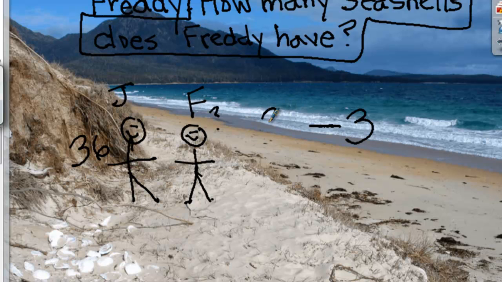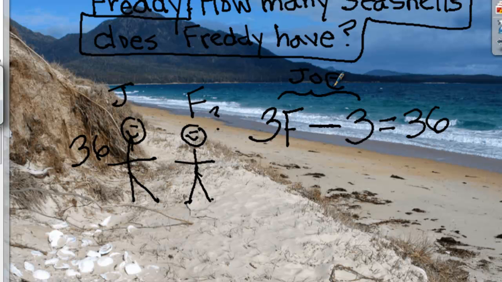So let's write that out: 3, and we're going to use the variable f to represent the number of seashells that Freddie has. So we have 3 less than 3 times Freddie's seashells, and that's all equal to what Joe has, which happens to be 36.